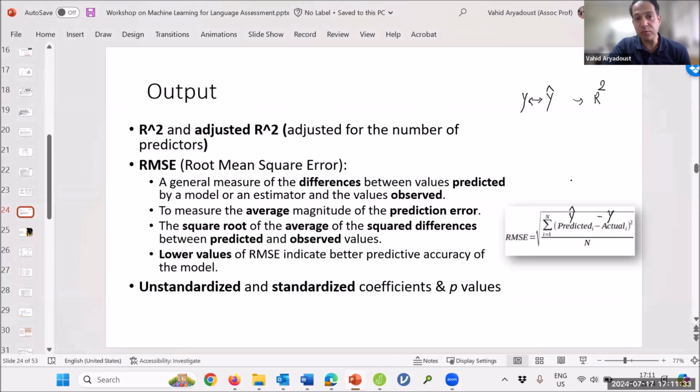That's where the mean square is coming from, and then divided by n, because it's average, and then it's root square. This is the root.